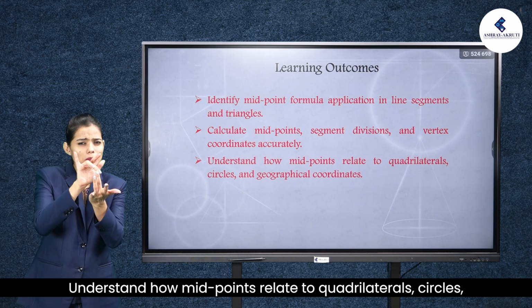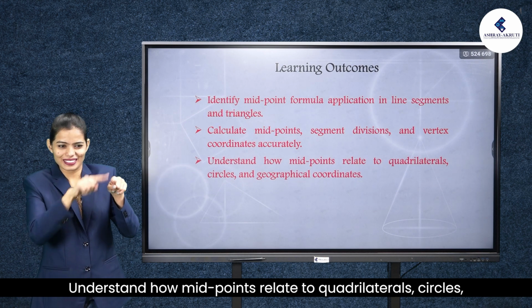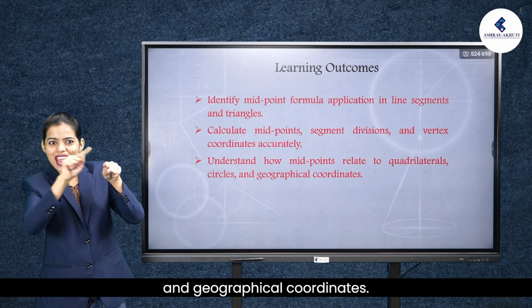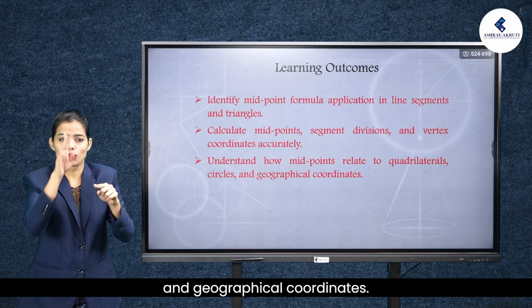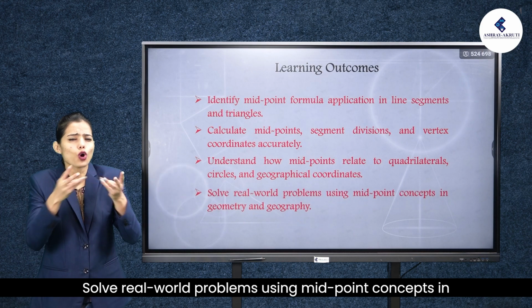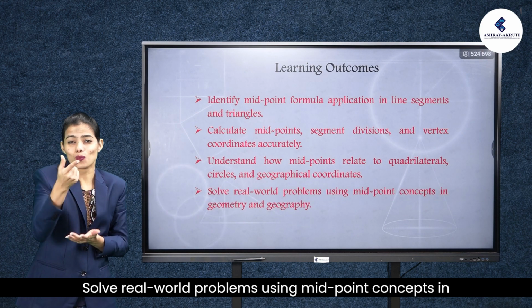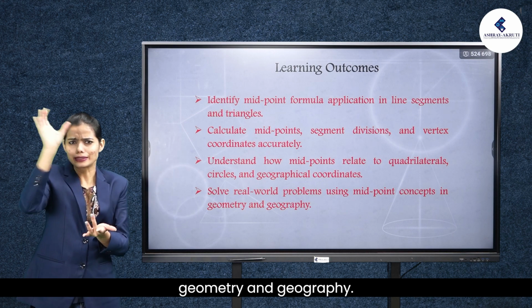Understand how midpoints relate to quadrilaterals, circles and geographical coordinates. Solve real-world problems using the midpoint concept in geometry and geography.